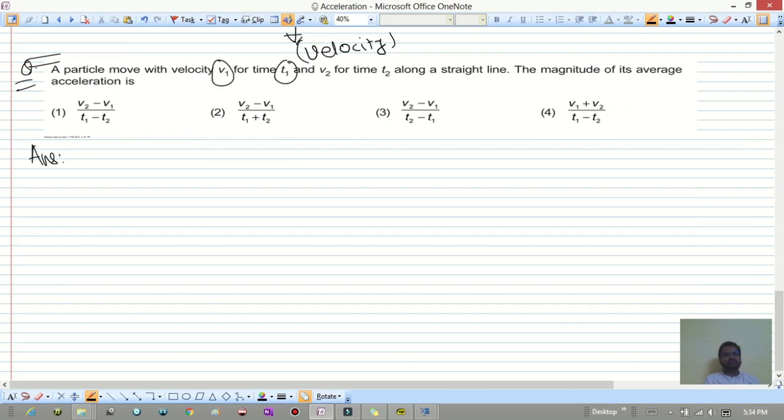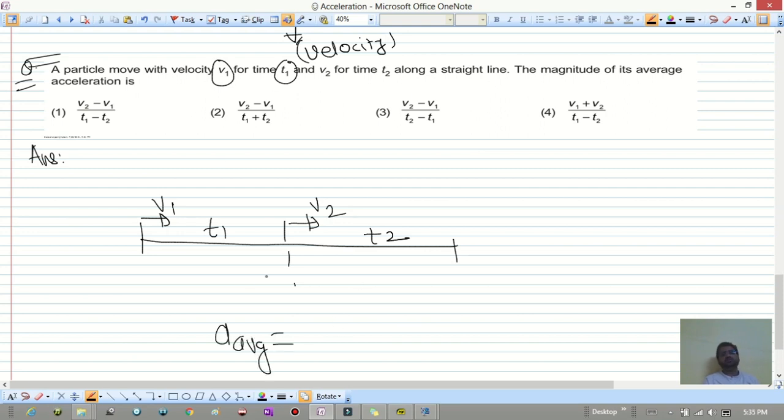Okay. So the next problem: a particle moves with velocity v1 for time t1, and then v2 for time t2. The magnitude of its average acceleration is, so what is the average acceleration? Average acceleration is the total change in velocity.